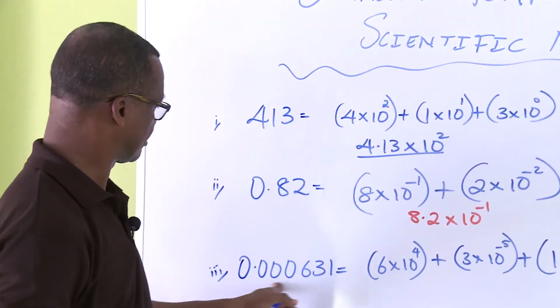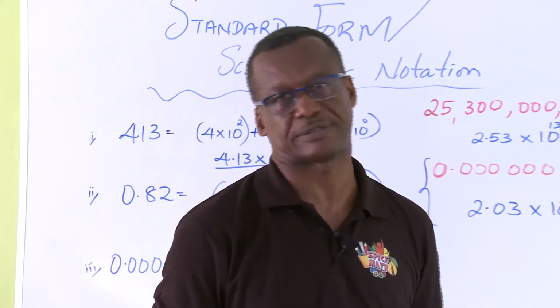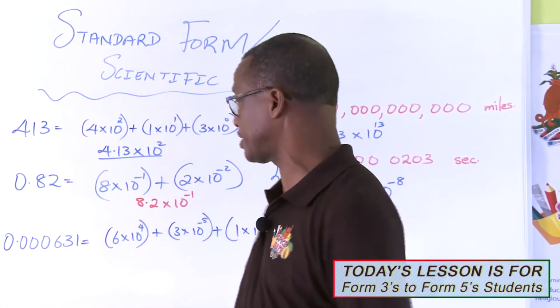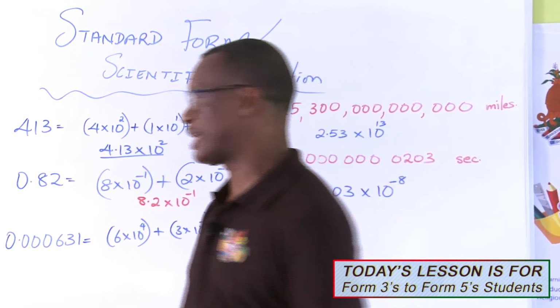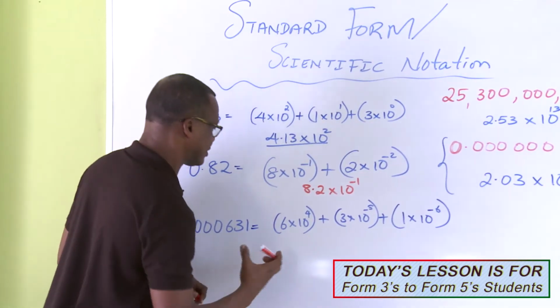What about this one? 0.000631. When it's written in scientific notation, you're going to get 6.31 times 10 to the power of negative 4.